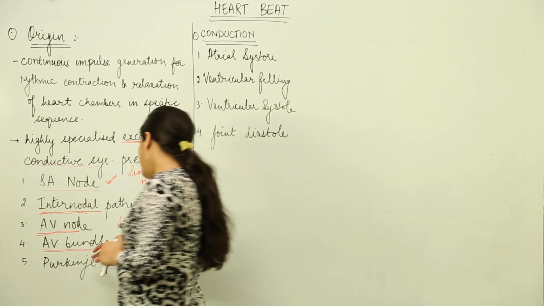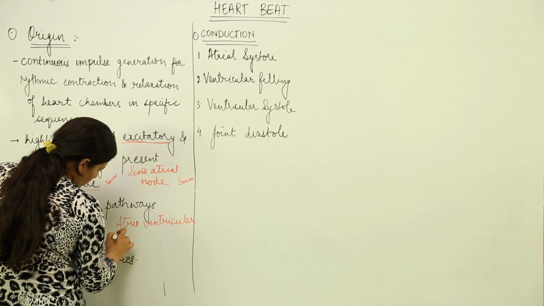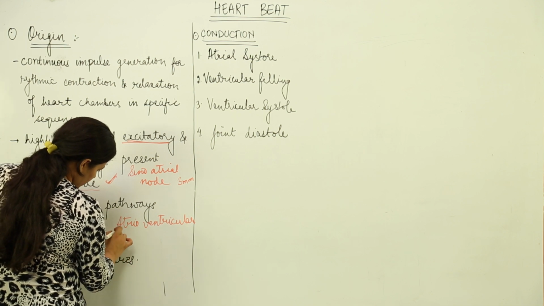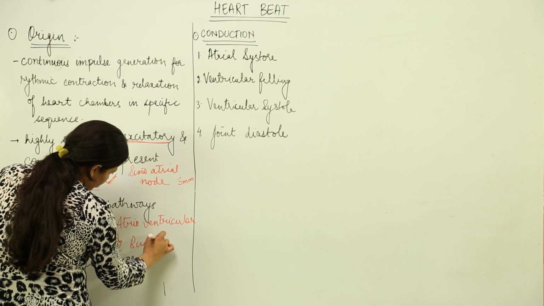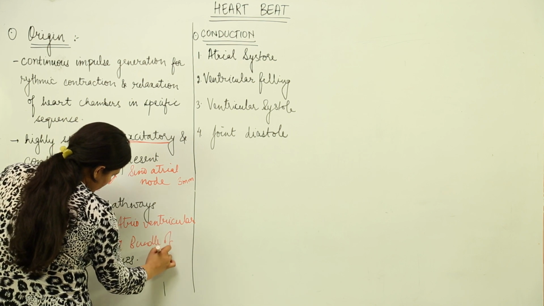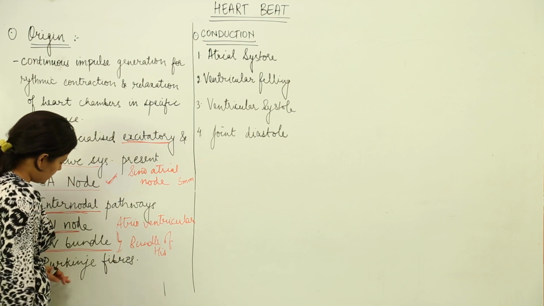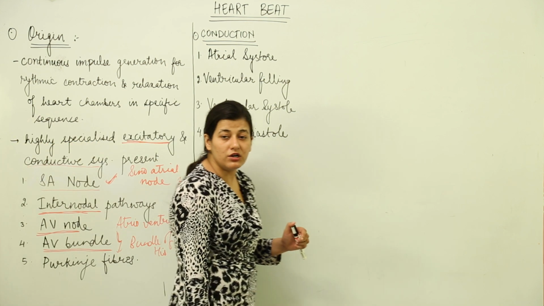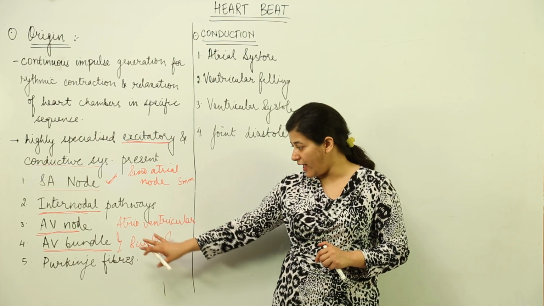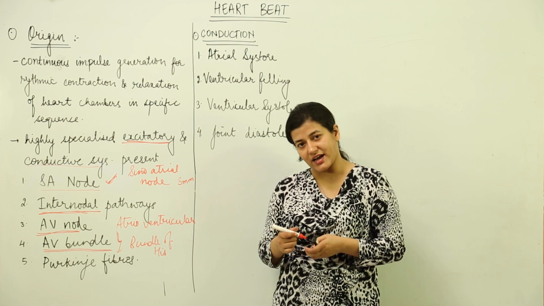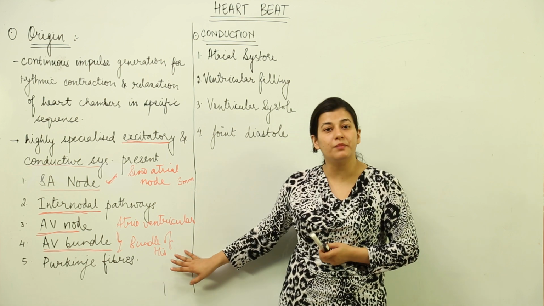This AV bundle is also known as the nodal tissue, also known as bundle of His. Some authors represent Purkinje fibers in bundle of His, some represent the AV bundle itself in the nodal tissue and the branches that arise out of the AV node as bundle of His.